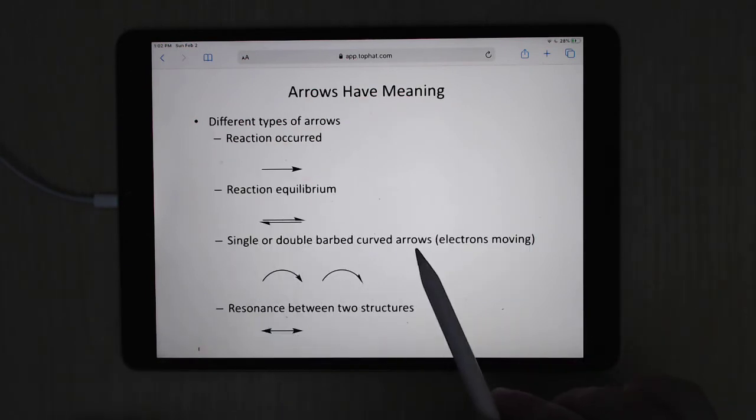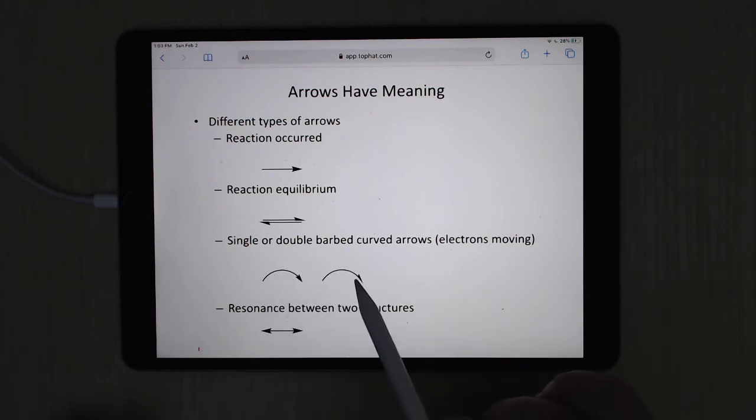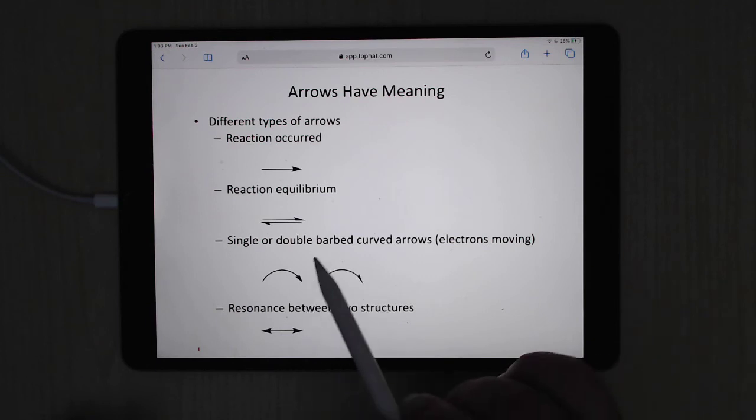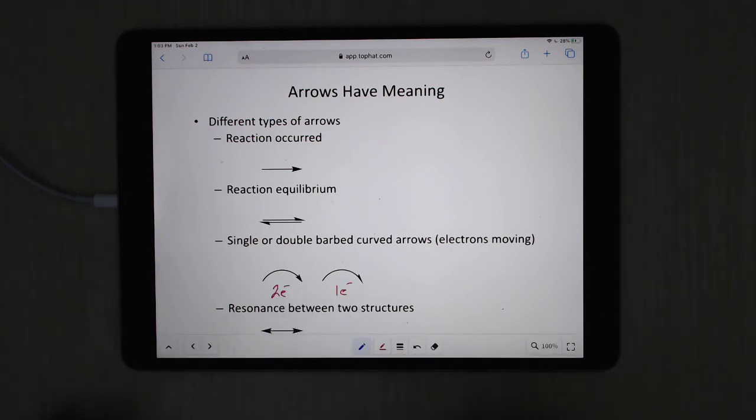Now for this one, if you have a curved arrow, what that means is it's describing how electrons are traveling. You can have a single barbed arrow, like this, which has its own little point on it, or a double barbed arrow. A double-barbed arrow means you're talking about 2 electrons moving, and this one means 1 electron moving. It's going to show where the electrons are coming from and where they're going to.